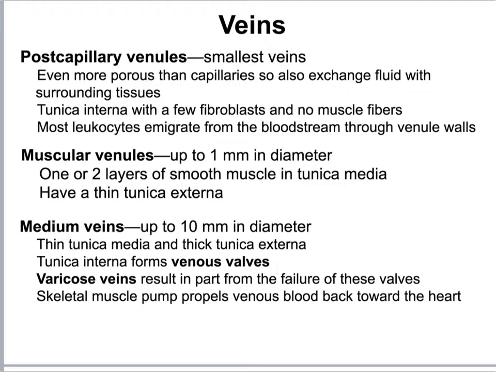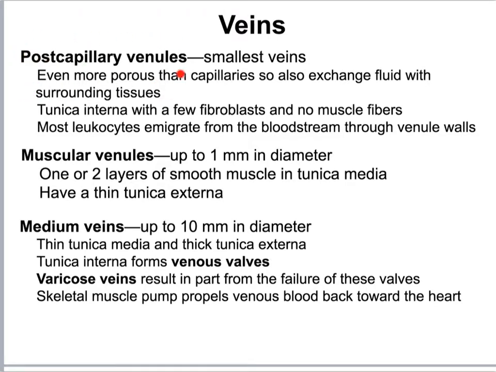So we already generally talked about the classifications of veins. You have post-capillary venules. These are the smallest veins. They're fairly porous, so this is actually kind of like fenestrated capillaries. So fluid can exchange in the post-capillary venules. This is actually the main place where fluid, water specifically, is exchanged with the surrounding area.